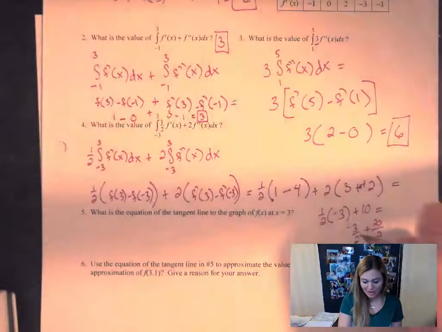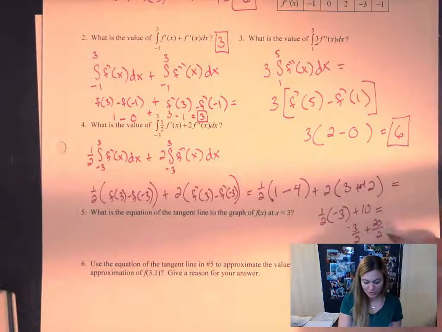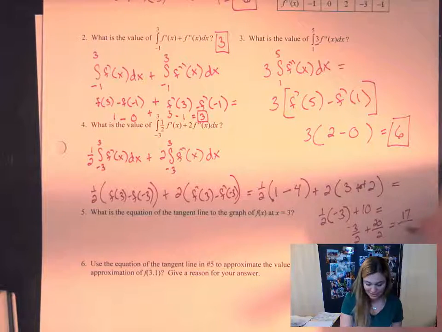What did you get? I got -3/2 plus 10, which would be 20/2. If I add those together, I get 17/2.